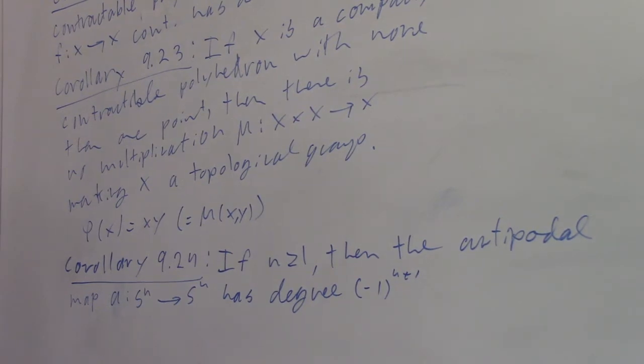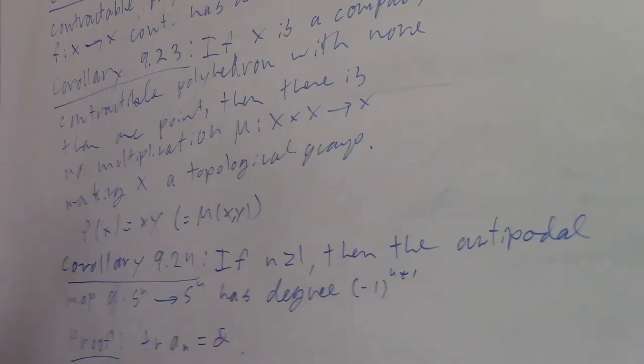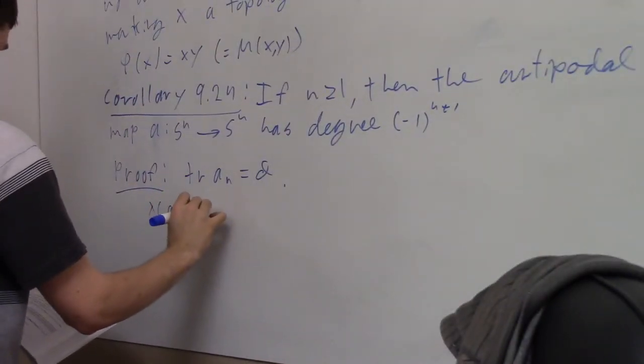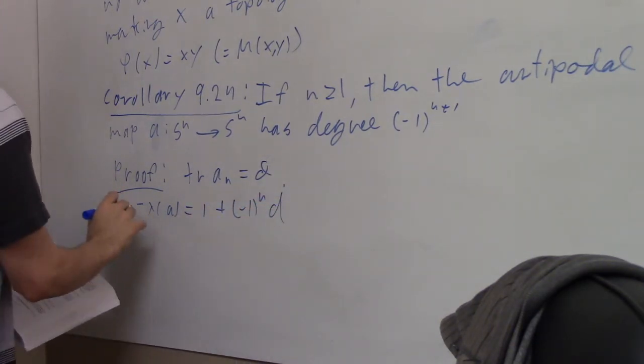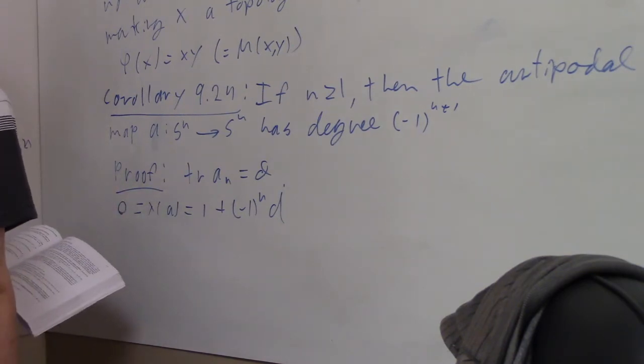It says Theorem 6.23. Right. Okay, so the argument here is way easier. This is where the algebra in algebraic topology is finally seen. Lambda of A, by definition, is 1 plus (-1)^n times the degree. This has to be 0, and there you go.